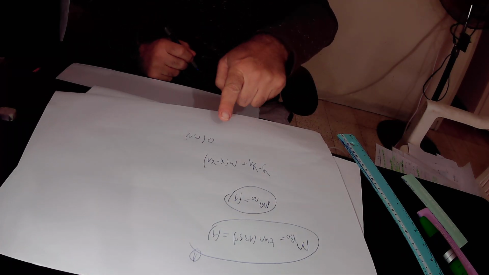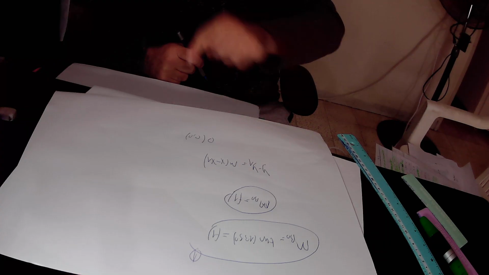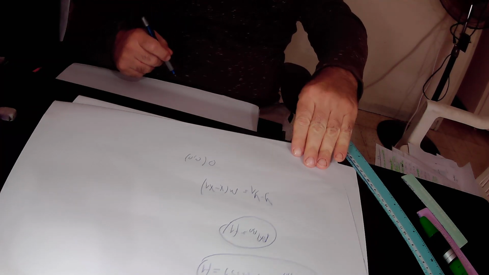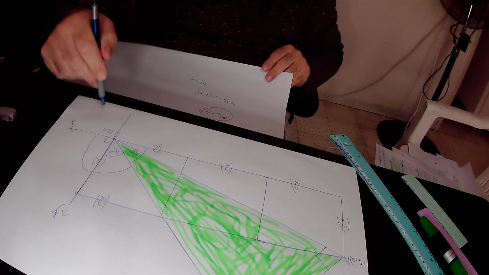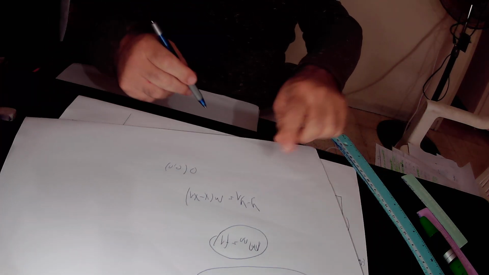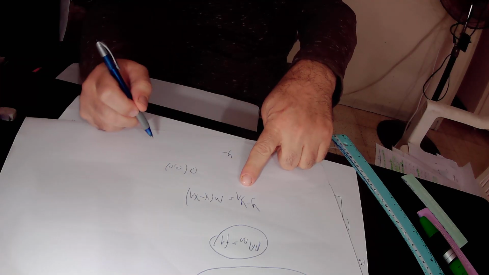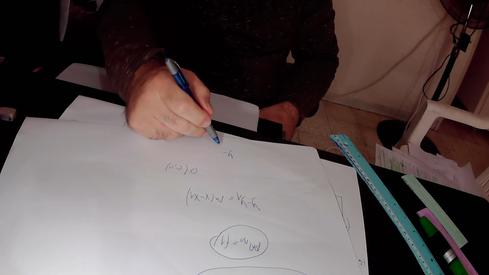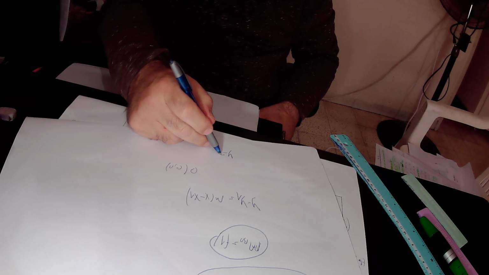So we substitute x1 by 0 and y1 also by 0, and we get that the function of the straight line BO is y minus y1. y1 is 0, so y minus 0 is y, and it equals m.